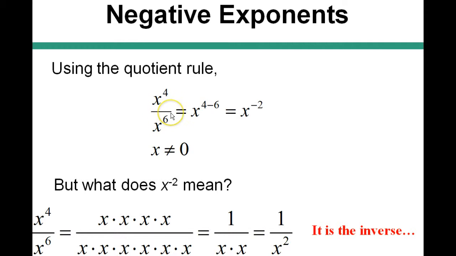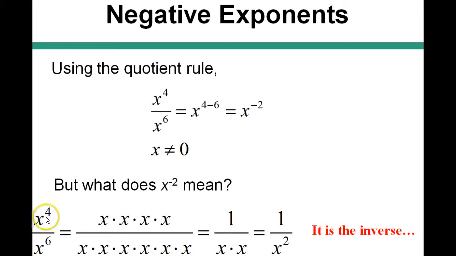As it crosses the division bar, it changes its sign. So we end up with x to the negative 2, which is a negative exponent. And again, we're qualifying it by saying x cannot equal 0.